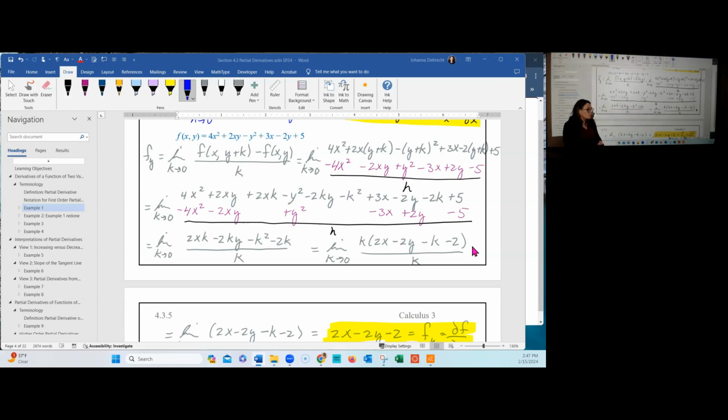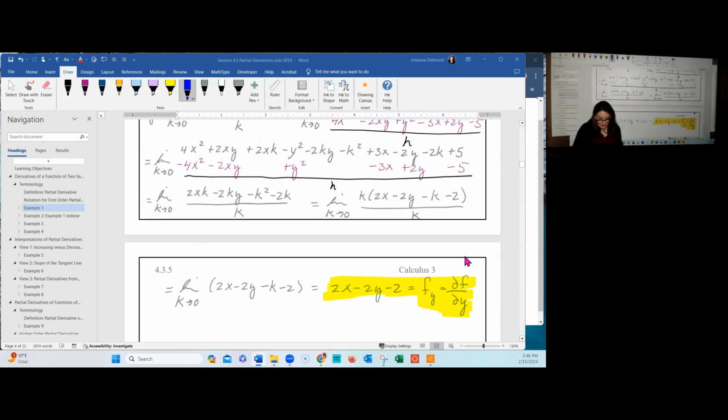So I factor out one representation of k, which will then cancel and leave me with the limit of 2x minus 2y minus k minus 2. This time, when I substitute 0 for k, it's the third term that drops out, and I'm left with 2x minus 2y minus 2, which gives me the partial derivative with respect to y.